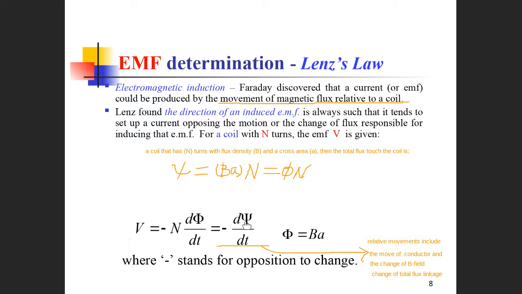The change may be the changing of B, the changing of N, or the changing of the cross-section area of the coil in the magnetic field, because you can change the direction of the coil relative to the magnetic field. That's the meaning of it.